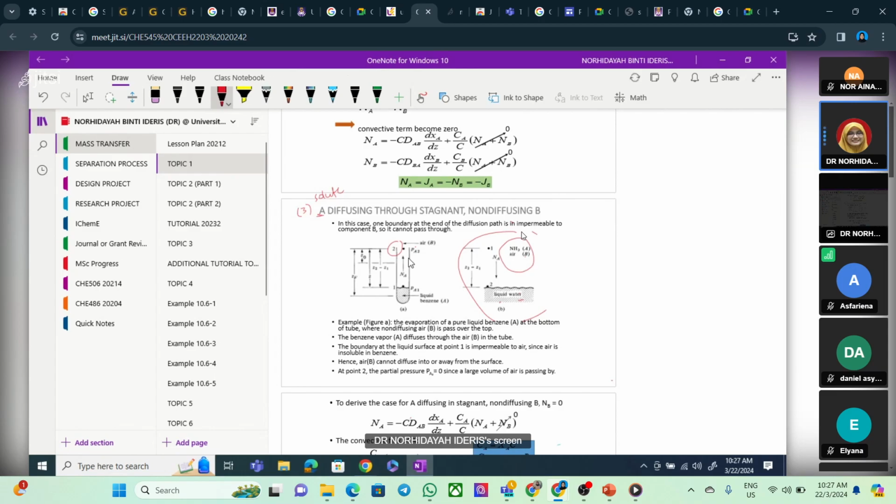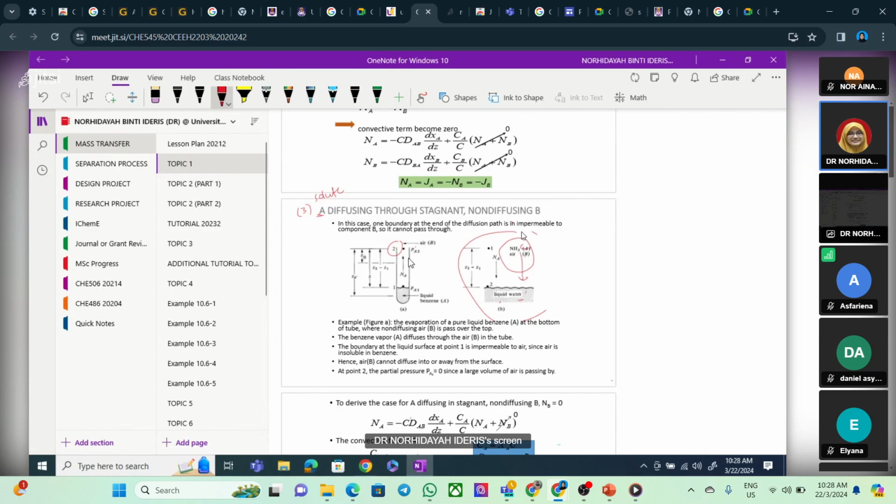So if this kind of gas is exposed to liquid water, please note that only ammonia, the component A, can diffuse into the water. B dia tak boleh. So dalam ni nampak kita kena tahu which one we would like to label as A. So sekarang ni the ammonia diffuses through a stagnant non-diffusing B, which is air, and penetrates into the liquid water.